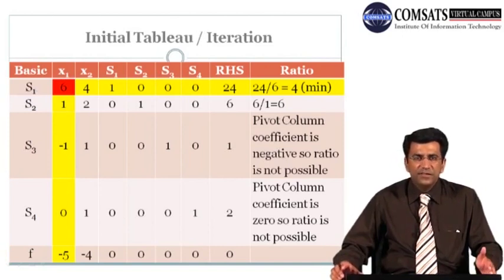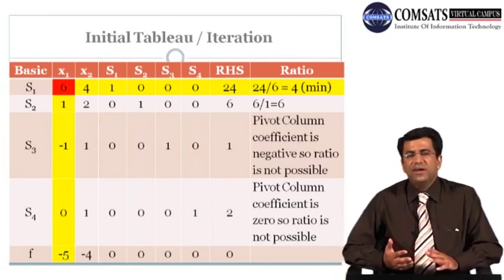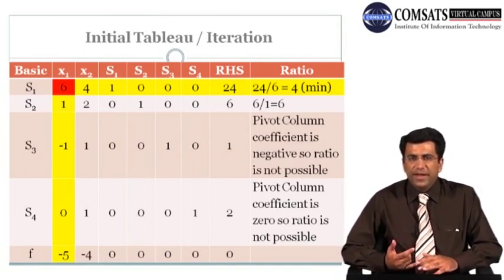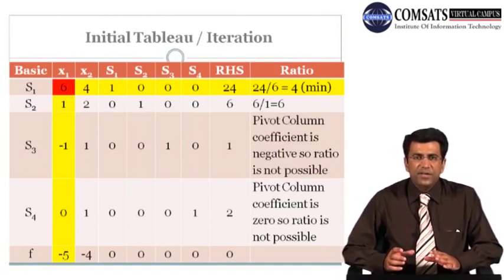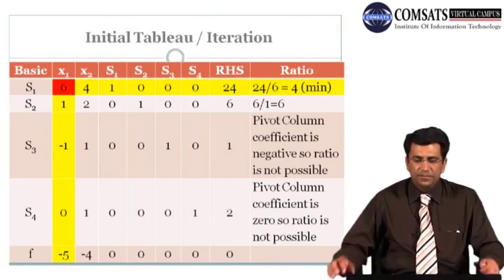Now what is meant by the leaving variable and entering variable? When we compute the next table, we will just replace s1 by x1. So it is important to note in this table how we can identify the pivot column, the pivot row, the pivot number, and what our leaving variable and entering variable are.